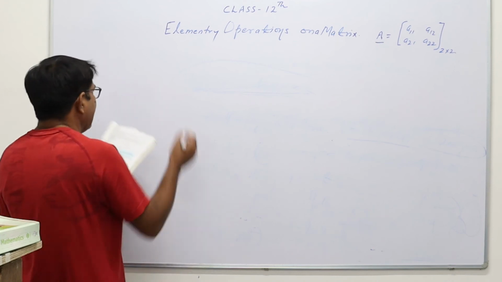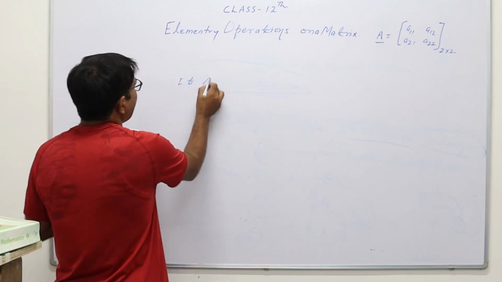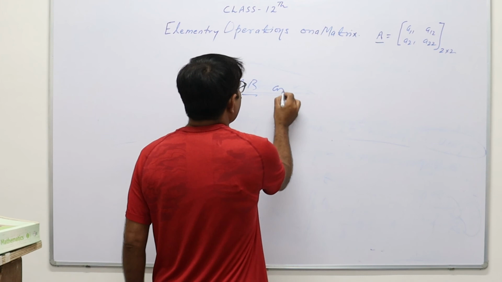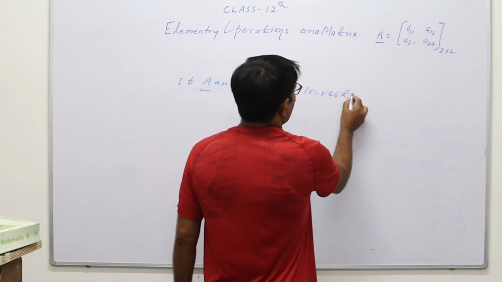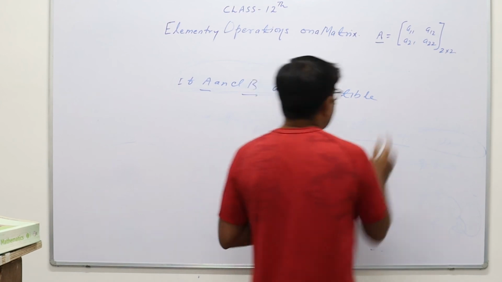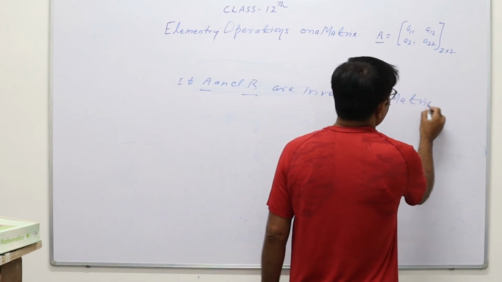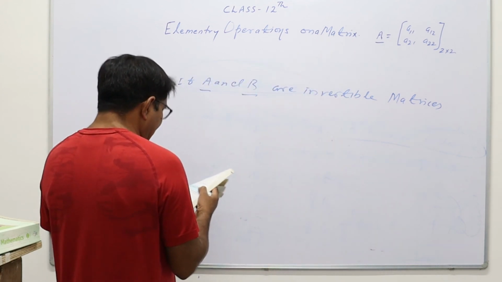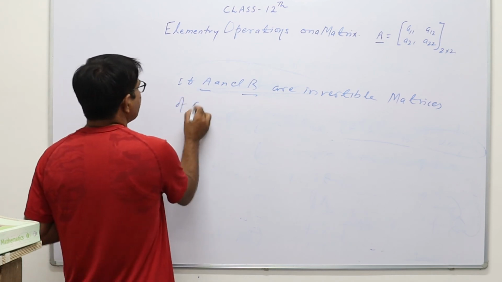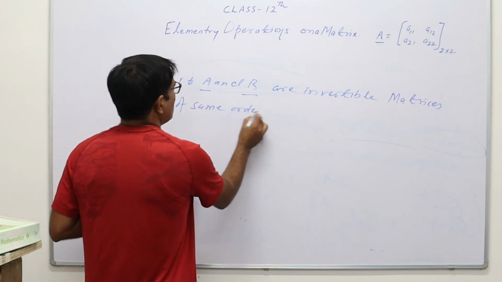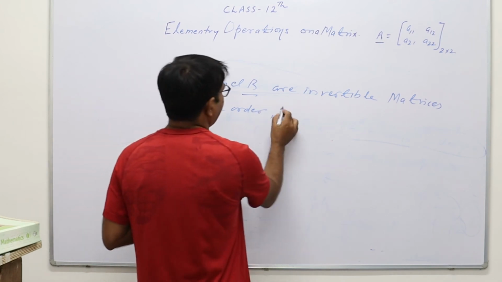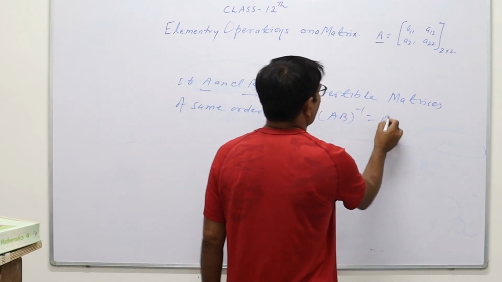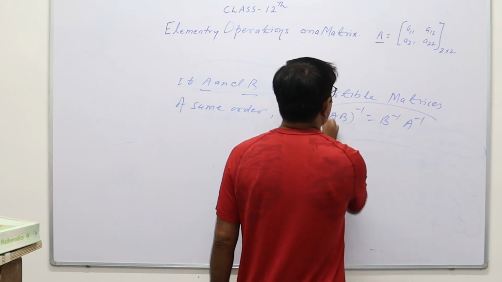So the next theorem: if A and B are invertible matrices of the same order, then the inverse of AB will be equal to B inverse into A inverse.